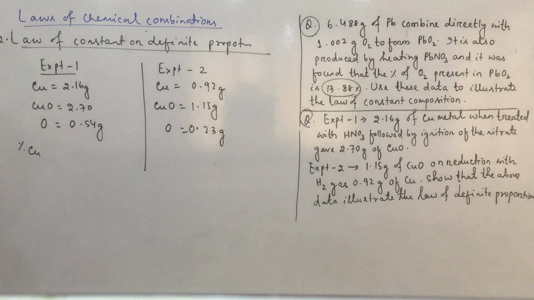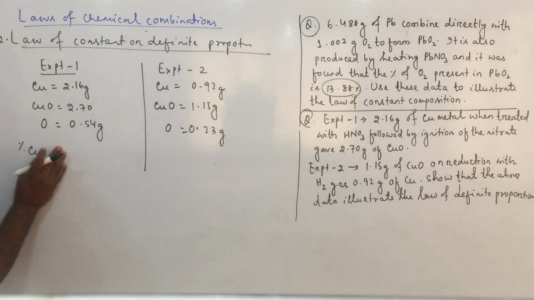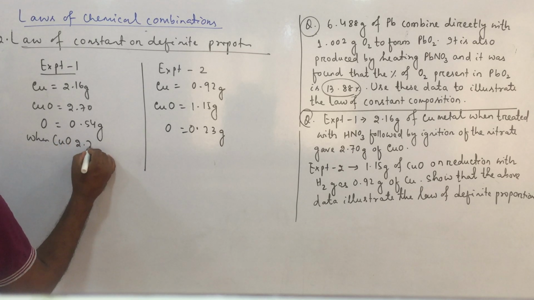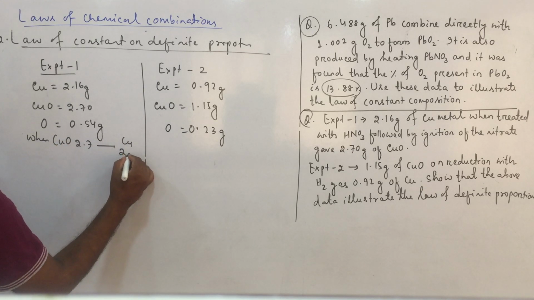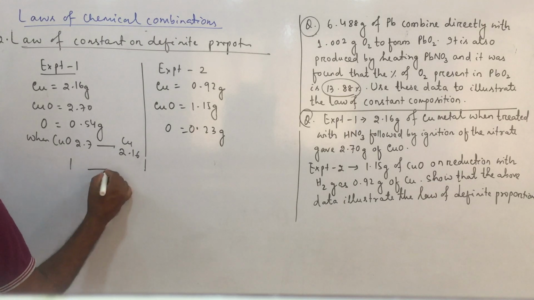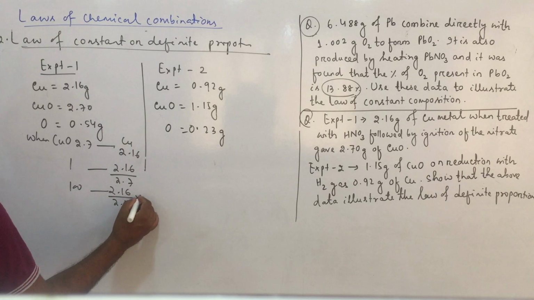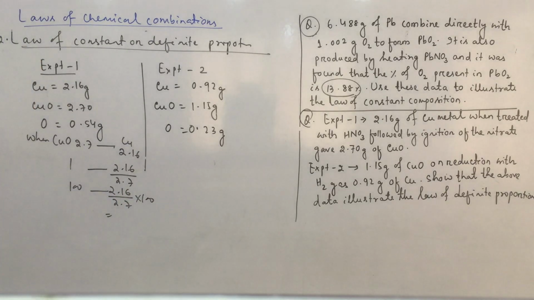When copper oxide is 2.7, copper is 2.16. So when it is 1, it is 2.16 by 2.7. When it is 100, 2.16 by 2.7 into 100. If you divide, it will come 80%. So if copper is 80%, oxygen equals 20%.